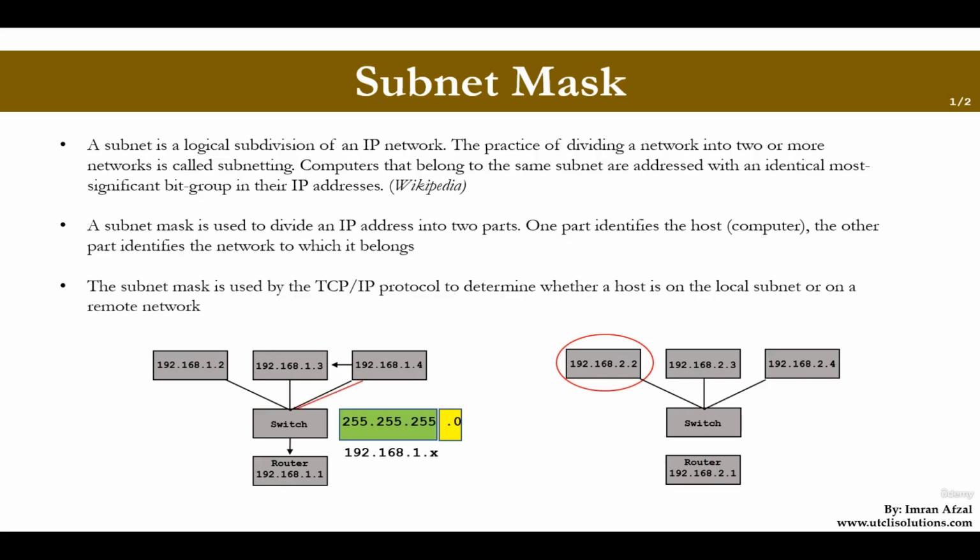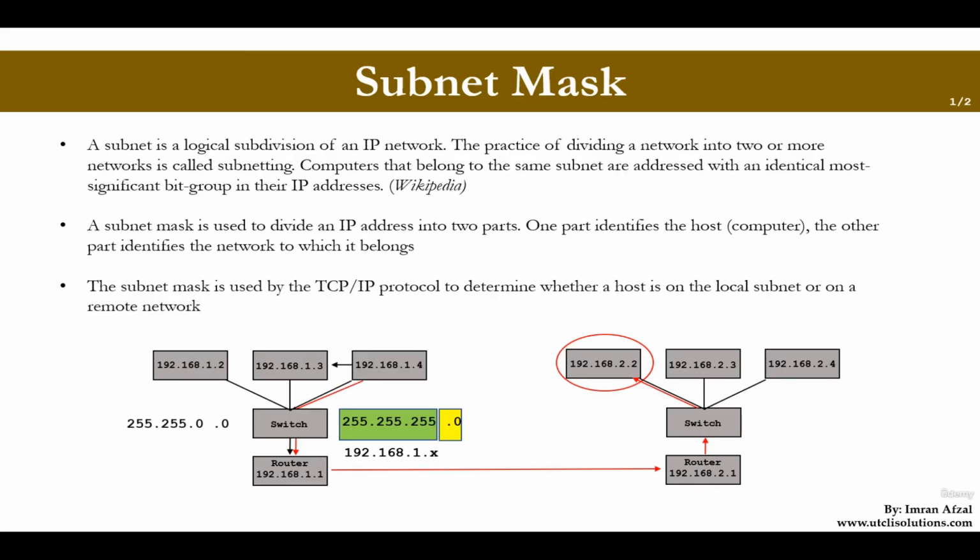I have a subnet mask of 255.255.255.0, which means that anyone in 192.168.1.anything is local. If it is not that, I have to go through my switch, the switch goes to a router, the router goes to another router, and that router sends the traffic to the switch, and the switch to that host. That's how it works.